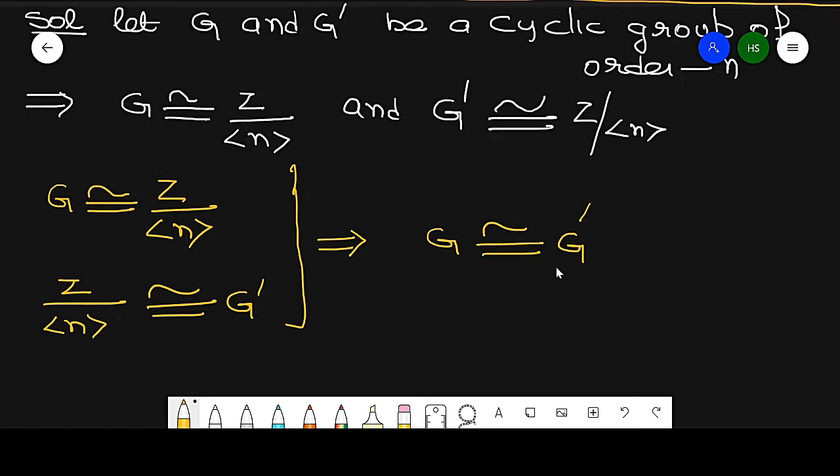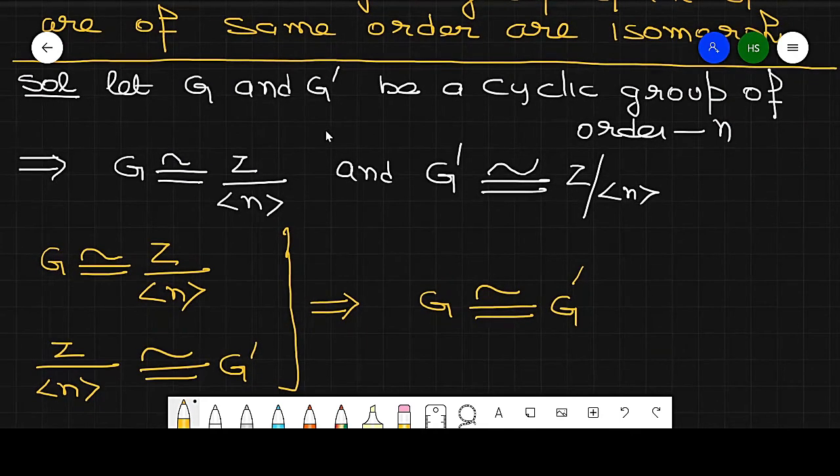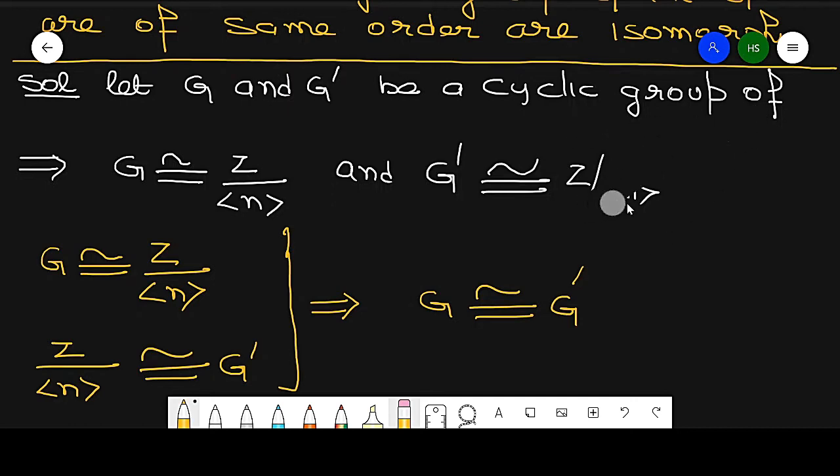Now second case, if these are cyclic groups of infinite order. Now this was for finite order. If our group has infinite order, to prove it in the case of infinite order, it is in this way.